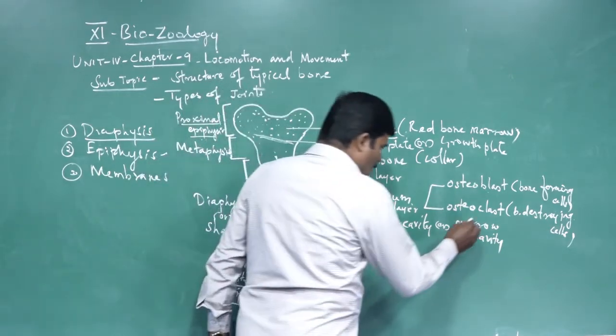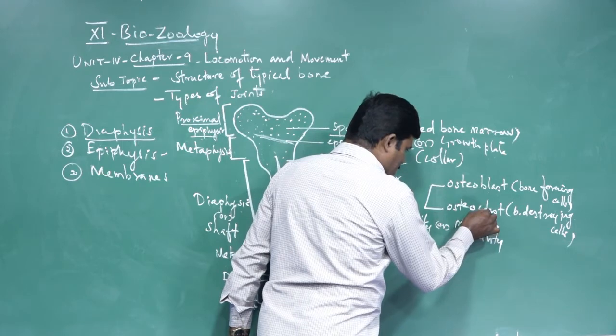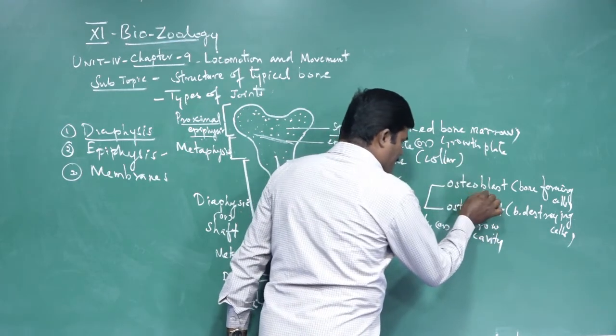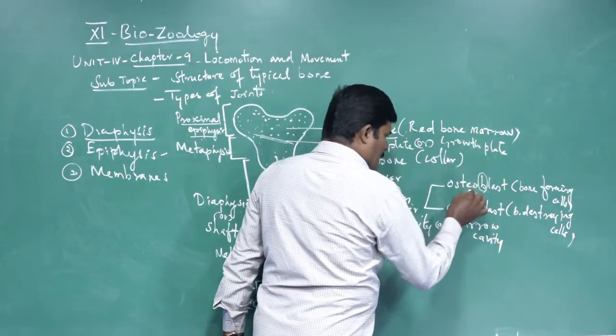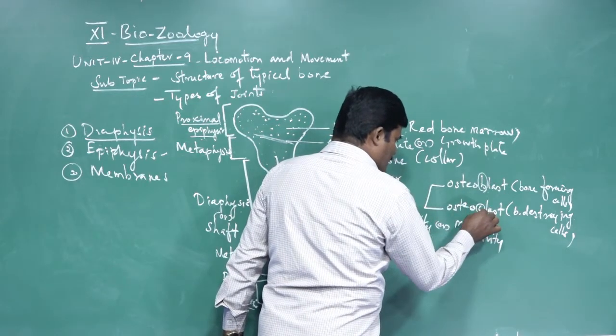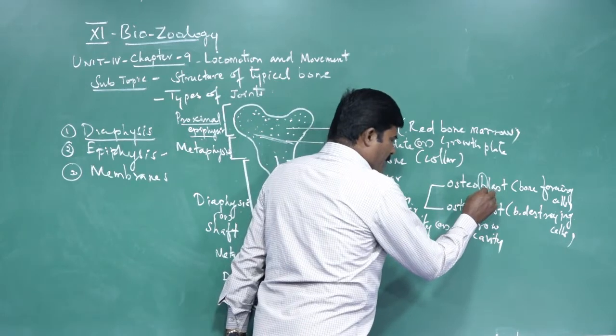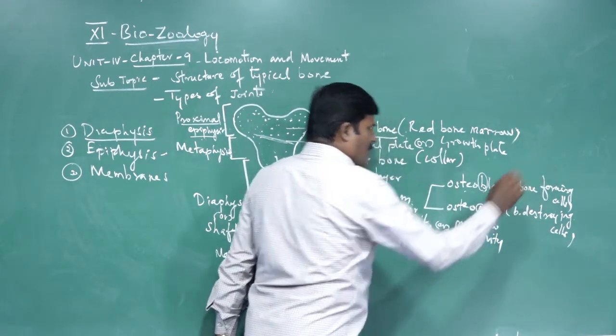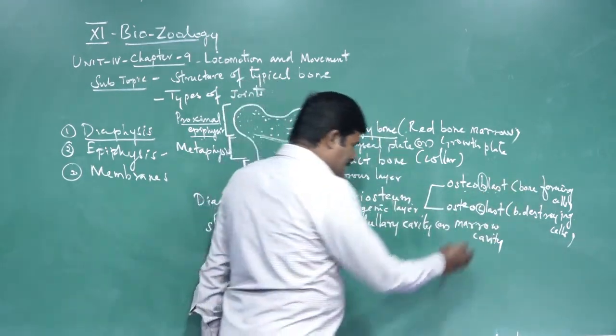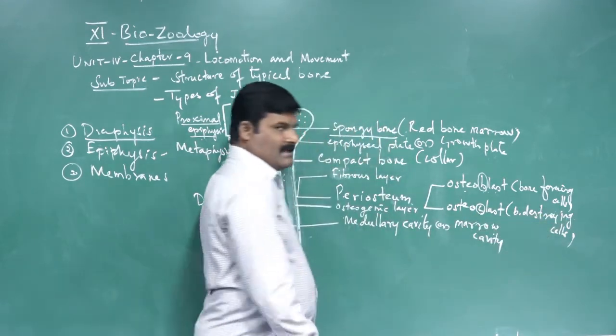Only one letter is different, so don't confuse them: B is for osteoblast, bone forming cells, and C is for osteoclast, bone destroying cells.